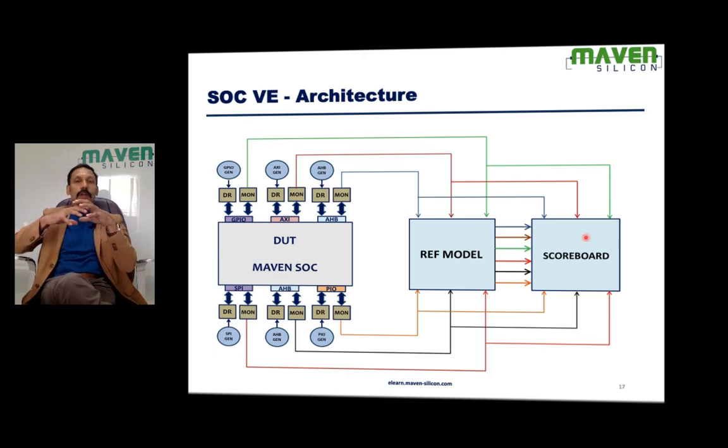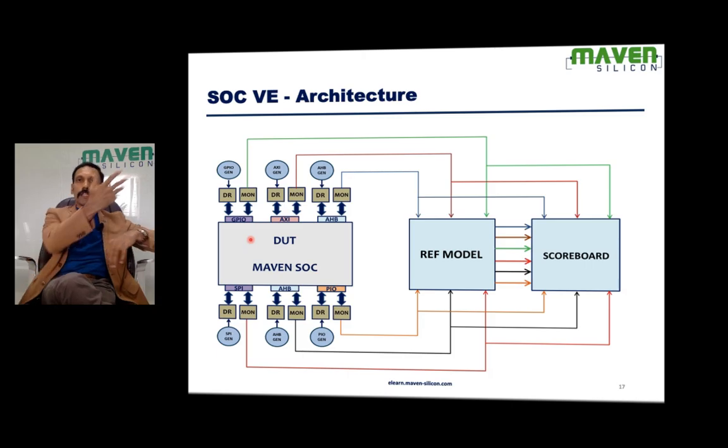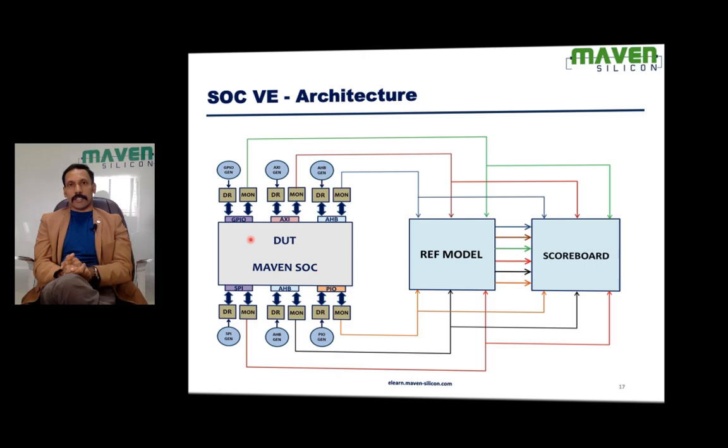So the scoreboard is going to collect primarily the output from the monitor, and the reference model is going to collect primarily the stimulus. This is how you can visualize. So here you can't look at the interface as an input interface or output interface. Every interface is bidirectional. You can drive the stimulus, and then based on the stimulus, the DUT will produce output through the same interface.